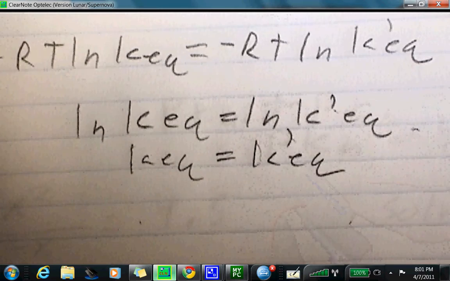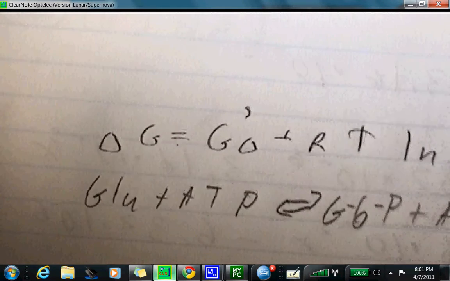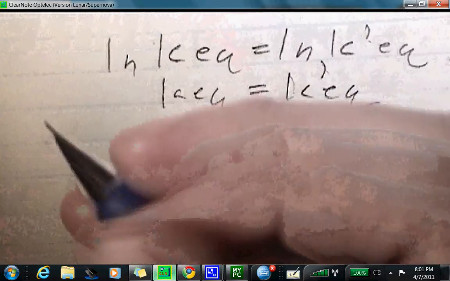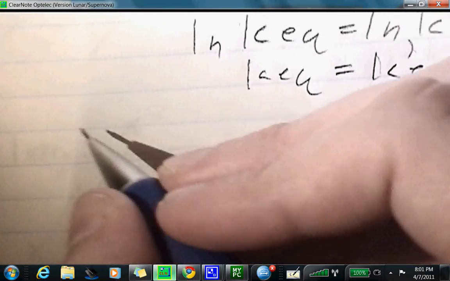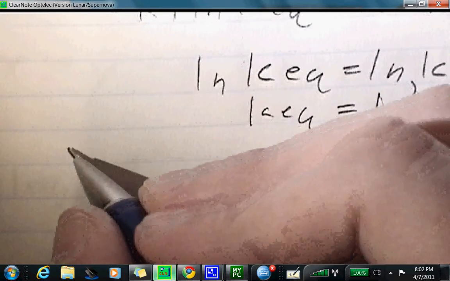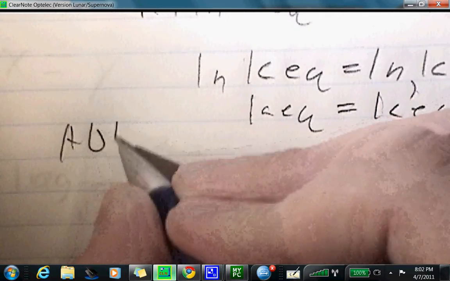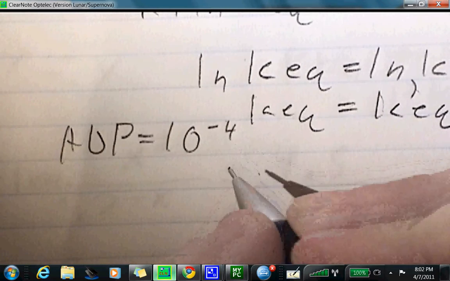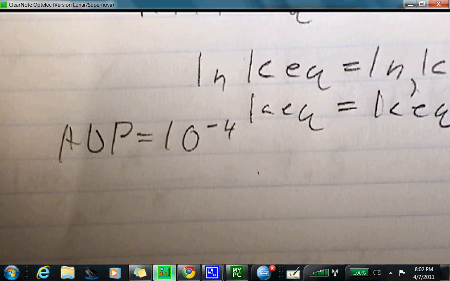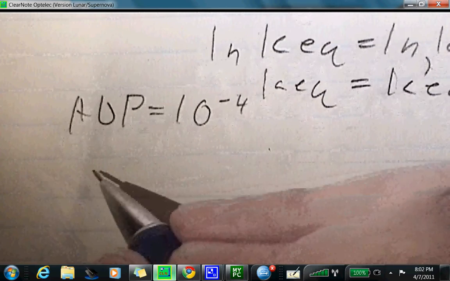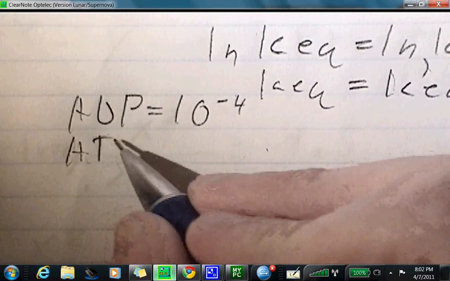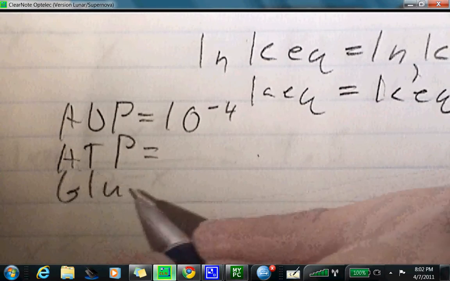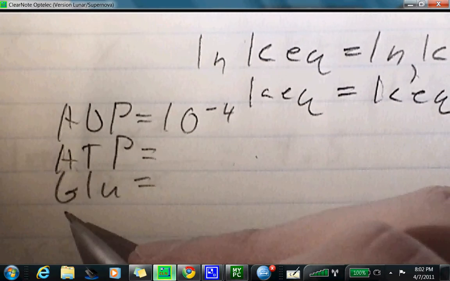Now we're going to plug in some numbers. As in the problem, which I didn't write down, this is something you should always write down first, so I apologize. ADP is equal to 10 to the negative fourth. ATP is going to equal 10 to the negative third, and our glucose is going to equal 10 to the negative fifth.